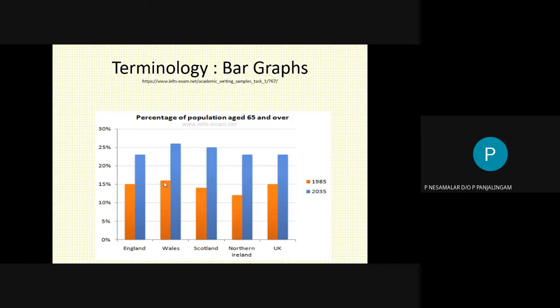So we can say slightly over 15% of the population of Wales in 1985 was age 65 years and over, and this is expected to increase to over 25% by the year 2035. So you need to write very carefully when you have a projection or a prediction in your chart.